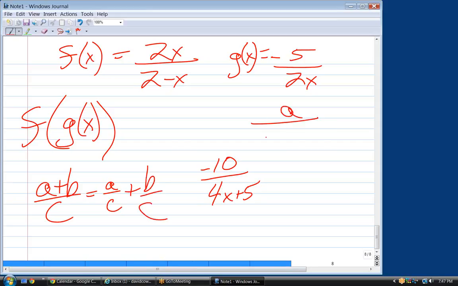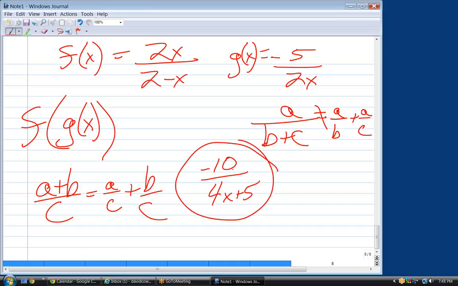But if I have a over b plus c, I cannot split that up. That is not equal to a over b plus a over c. So when I add that, I cannot split it up into two fractions. Might be able to divide top and bottom by a number, but in this case I can't. There's no greatest common factor that I can divide top and bottom by. So that's my final answer.